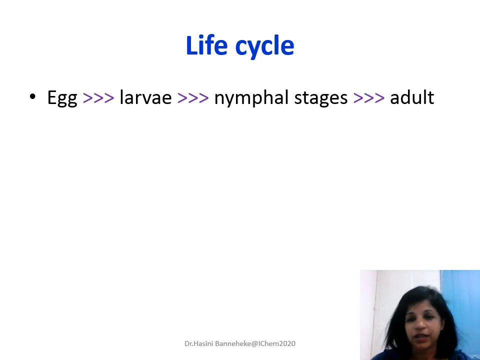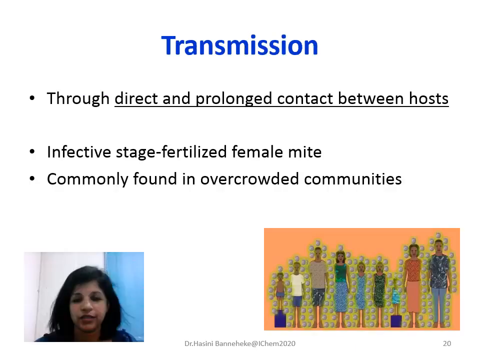Let's see the life cycle. The eggs are hatched and the larvae is released, and the nymphal stages are released. Larvae grow into nymphal stages, and then the nymphal stages grow into adult. So moving on to the transmission. Now this is through direct and prolonged contact between hosts that I mentioned earlier as well.